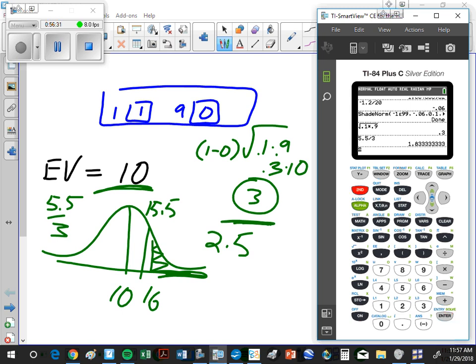So I want to find my z-score from 1.83 until 5. In this case, we end up with a right tail of 3.3%.